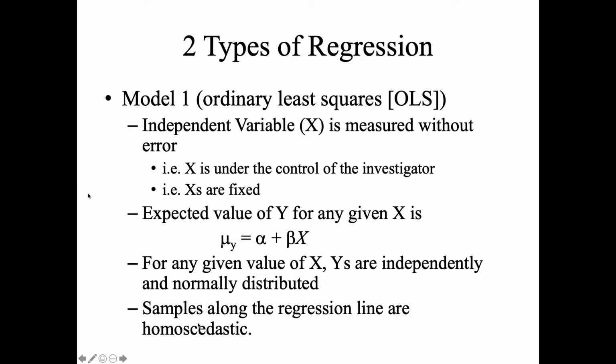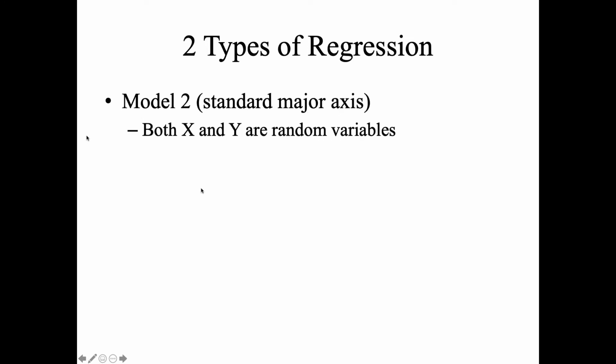These last two things are essentially the normality assumption and the homogeneity of variances assumption in the context of regression. The researcher varies x, and looks to see how y is changed by varying x. This is different than a Model 2 regression where both x and y are random variables.